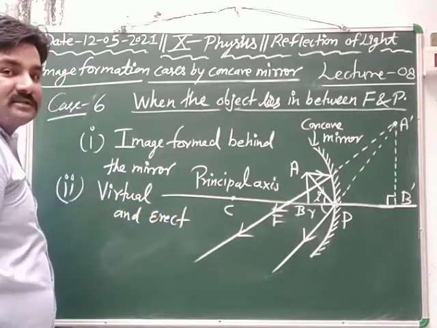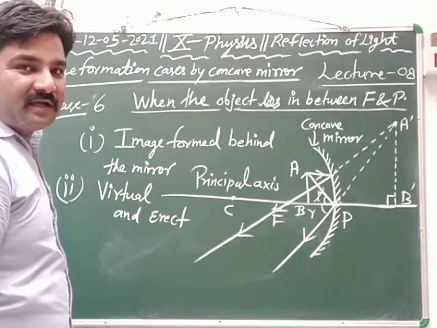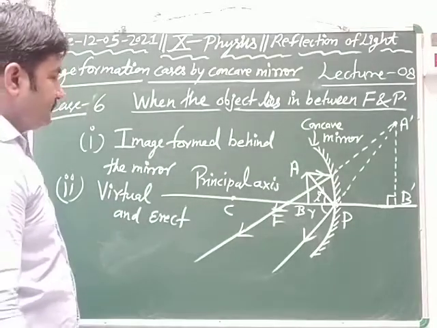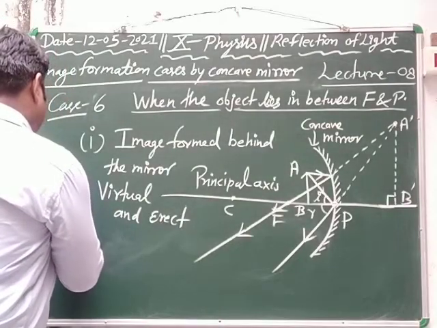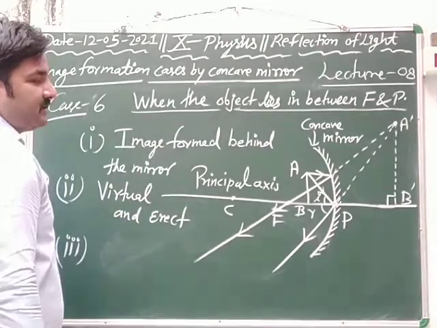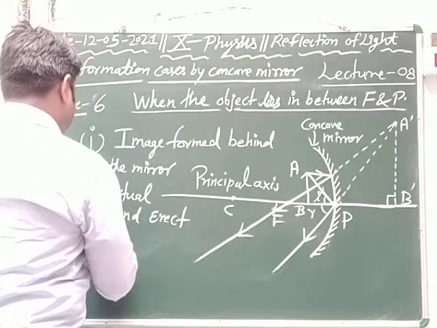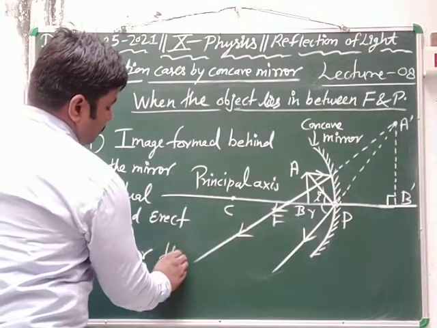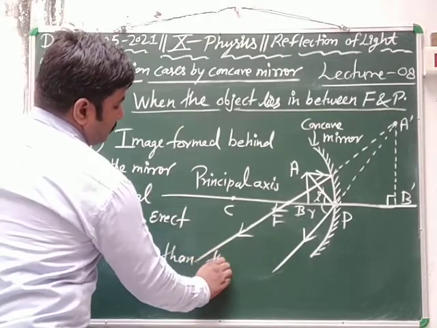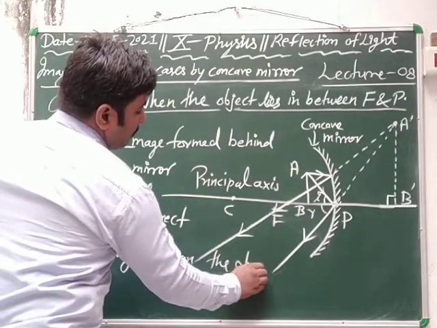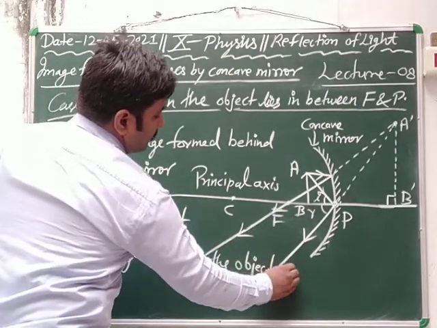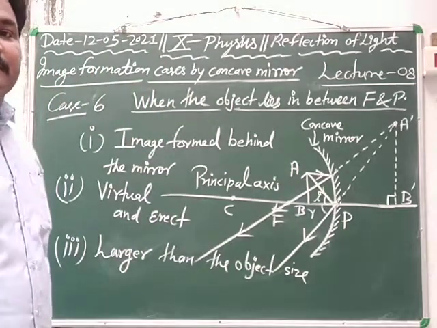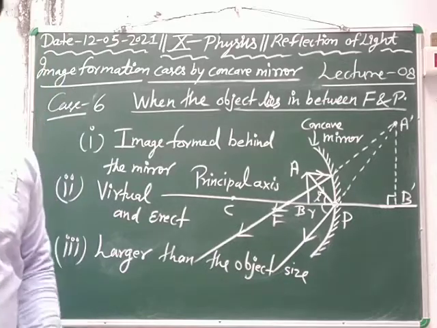This is the single case of image formation by concave mirror in which the image is virtual and erect. The last one, larger than the object size. So just note down all these three terms.